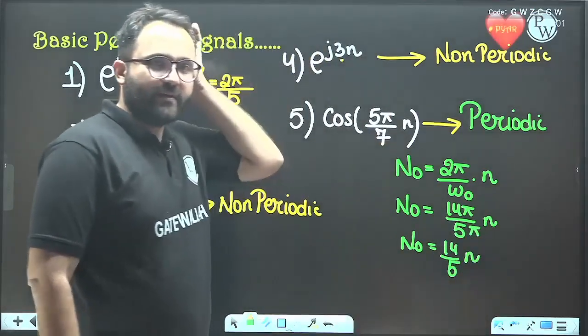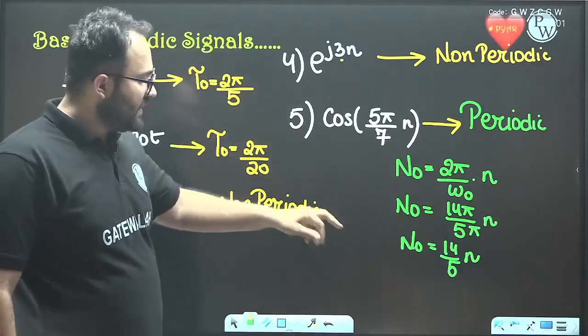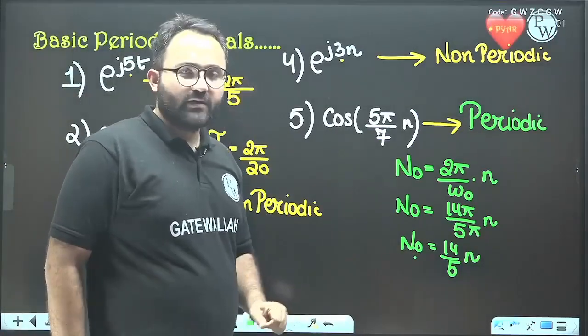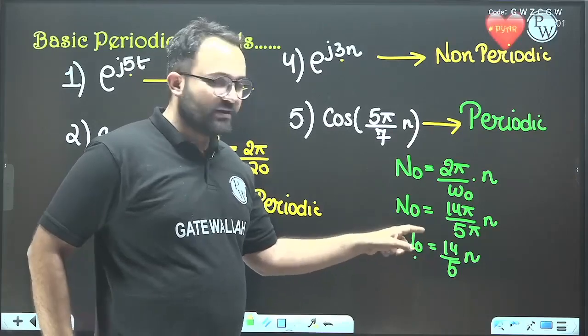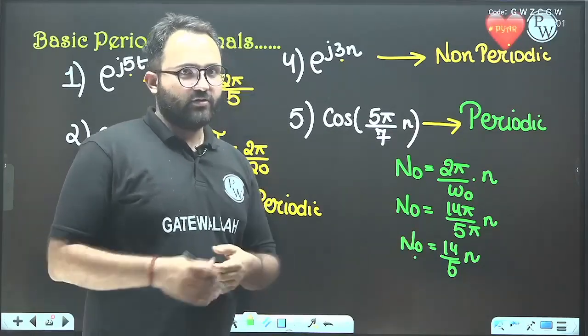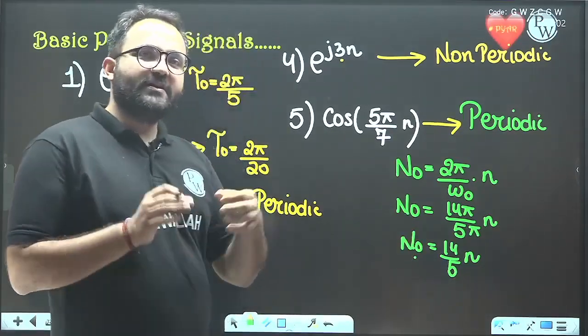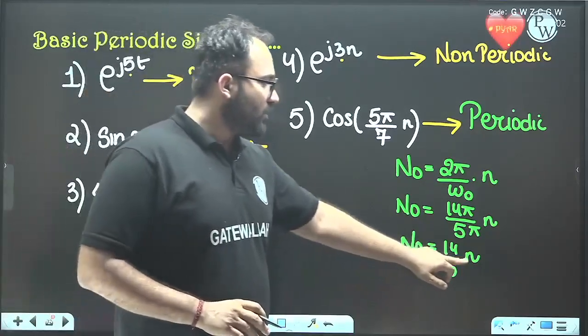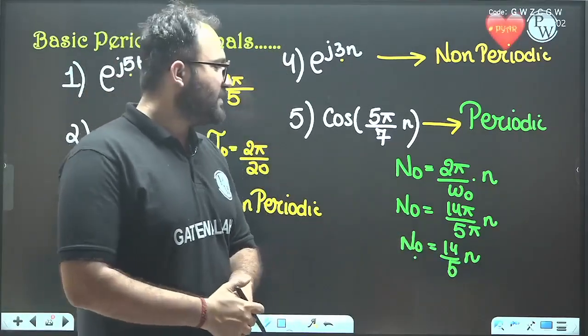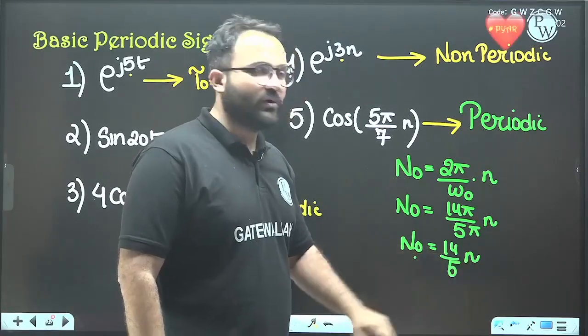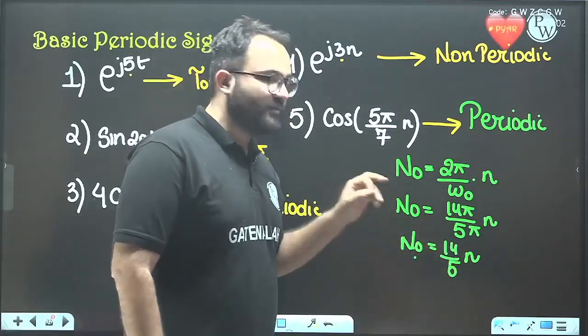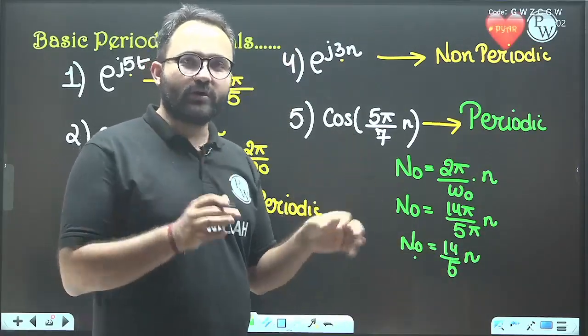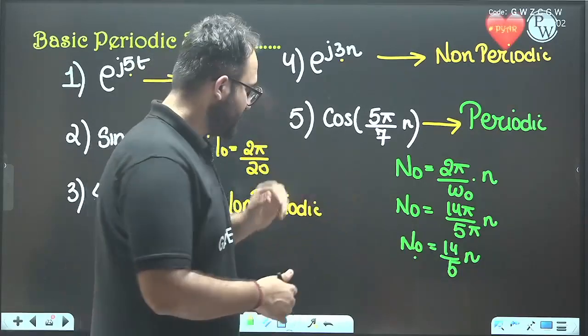14 by 5n. Now we know that n naught is an integer, and it is 14 by 5 into small n. So for making n naught an integer, we will put the smallest value of n. Here we will put small n equal to 5, so that 5 and 5 will cancel, and n naught will be the smallest integer, that is 14 in this case.